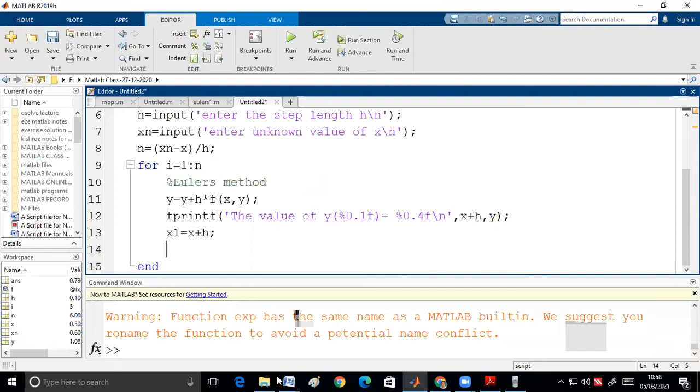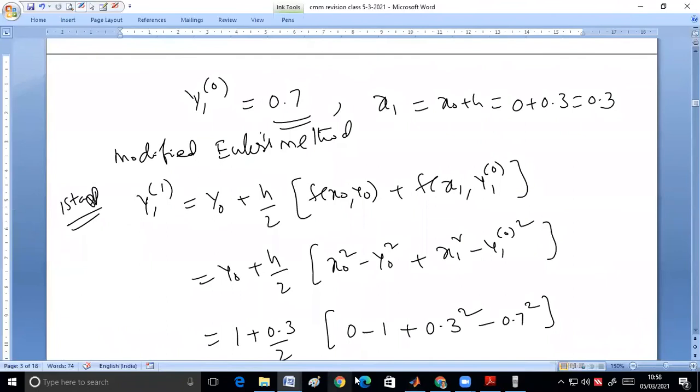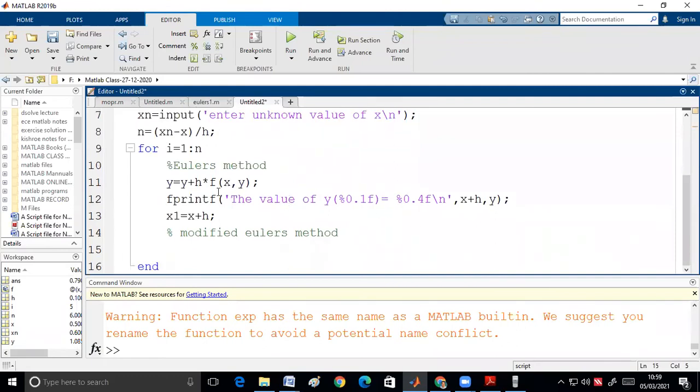Now we will apply this modified Euler method. Then how to modify? Very easy. What is the procedure? Now this is the modified Euler method.